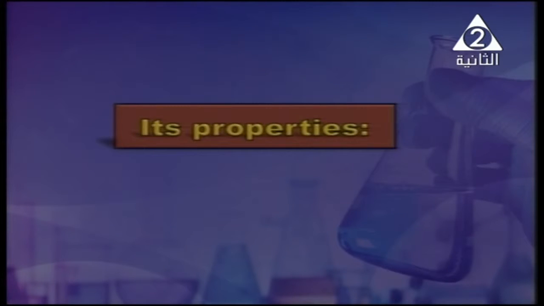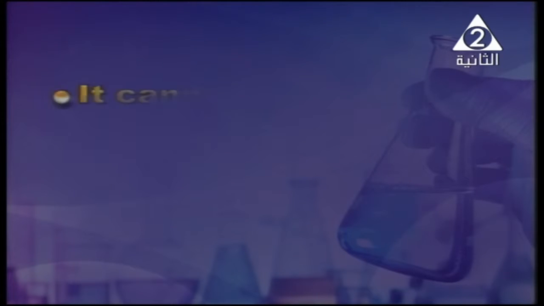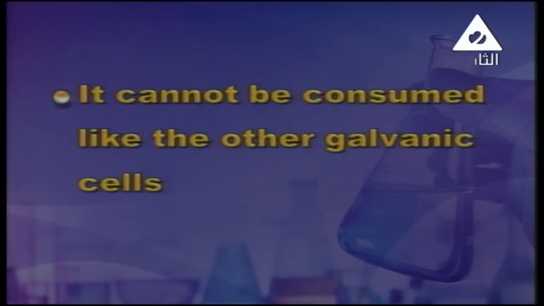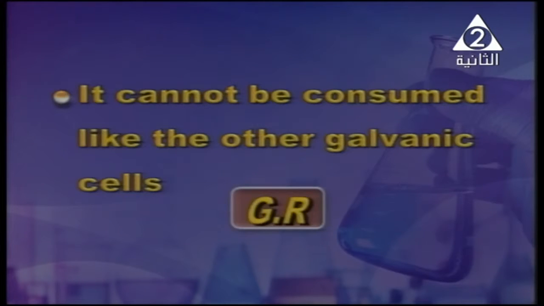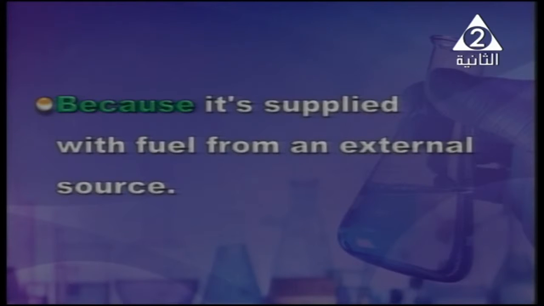Now we will identify the properties of this cell. What about the properties of these cells? Number 1, it can't be consumed like the other galvanic cells, the primary galvanic cells. Why? Give reason. Because it is supplied with fuel from an external source.